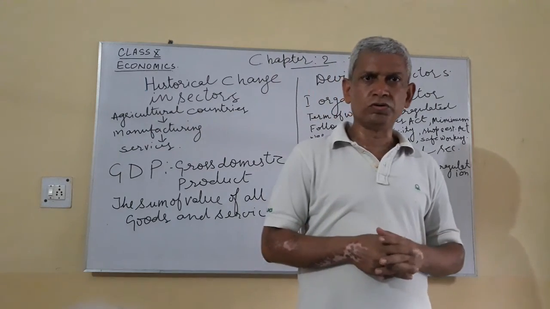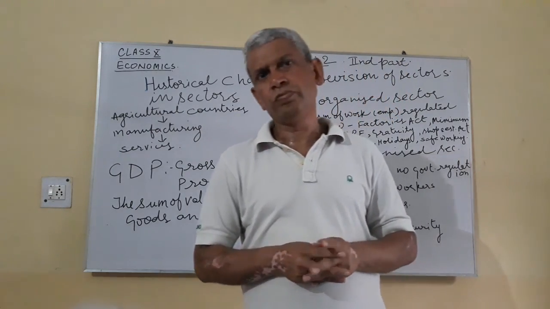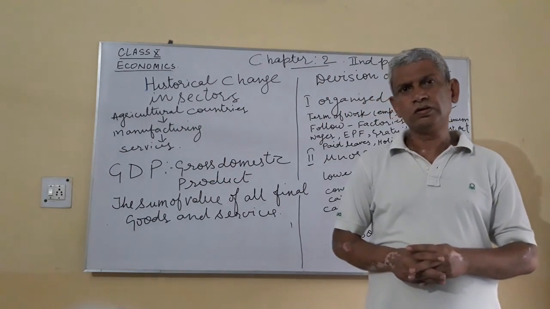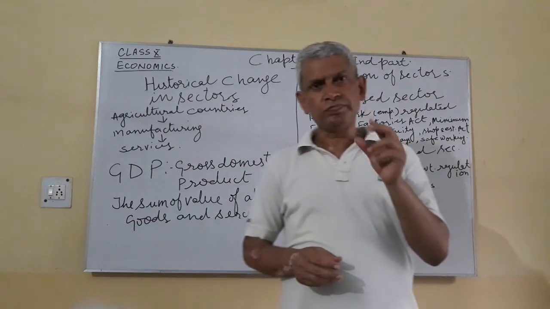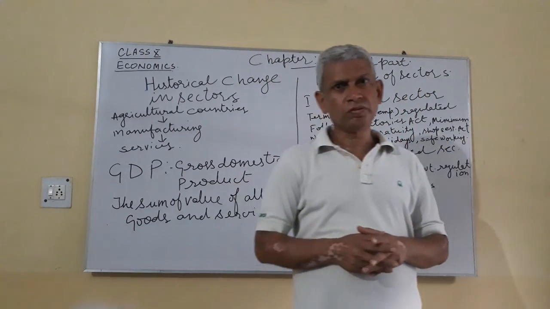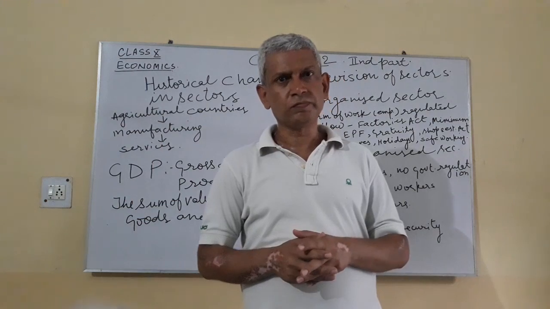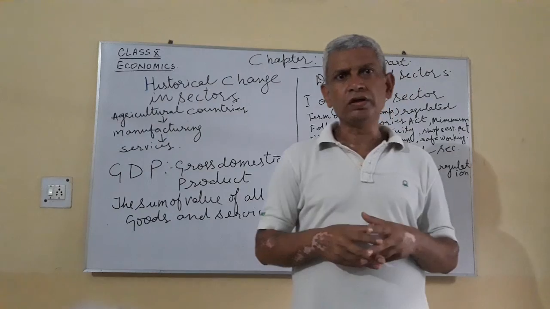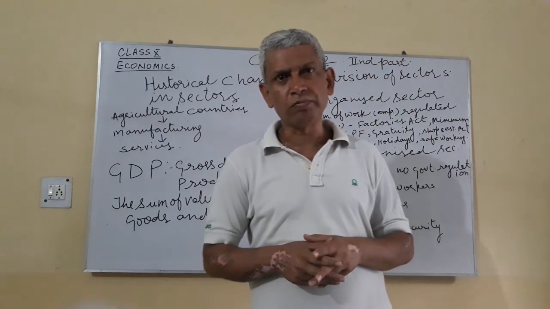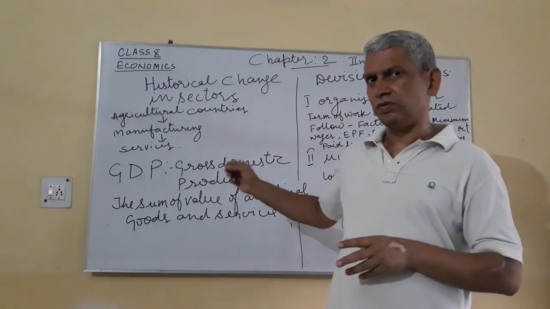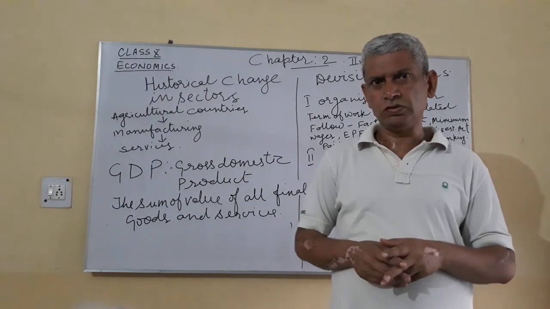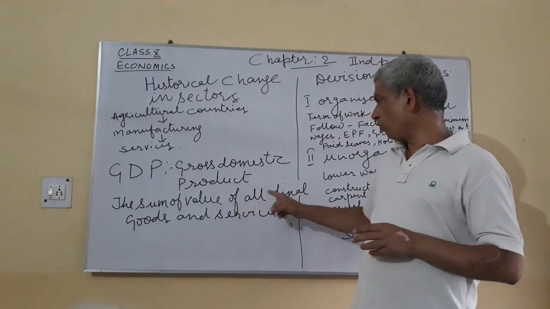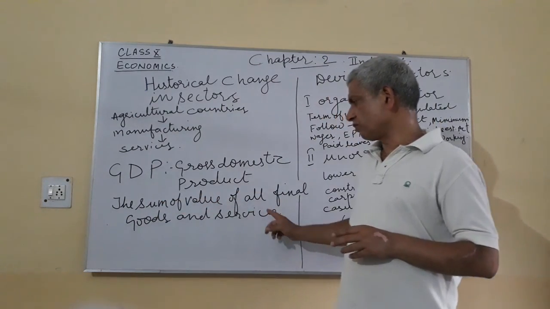If you look at the contribution to GDP, that is gross domestic product: GDP is a measurement of the growth of the economy. All over the world, if you want to measure the economy, there is a parameter, that is GDP, the gross domestic product. It is the sum of the value of all the final goods and services.